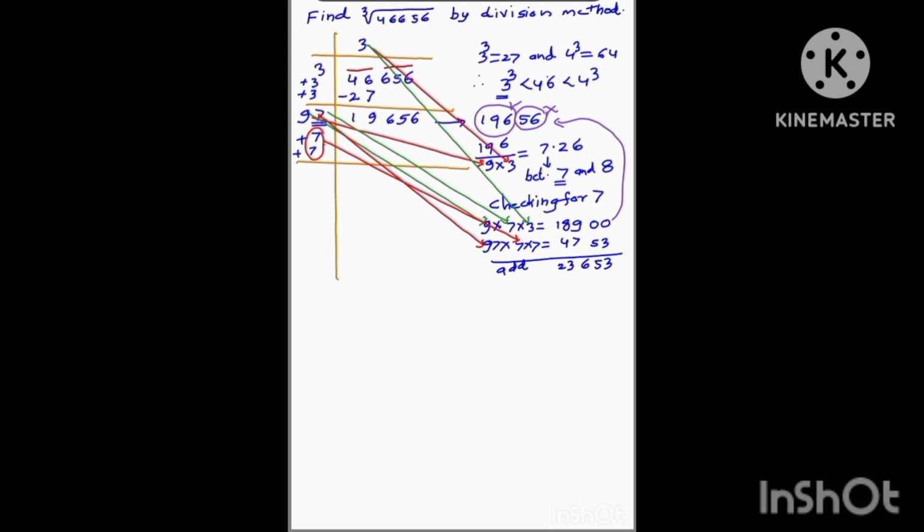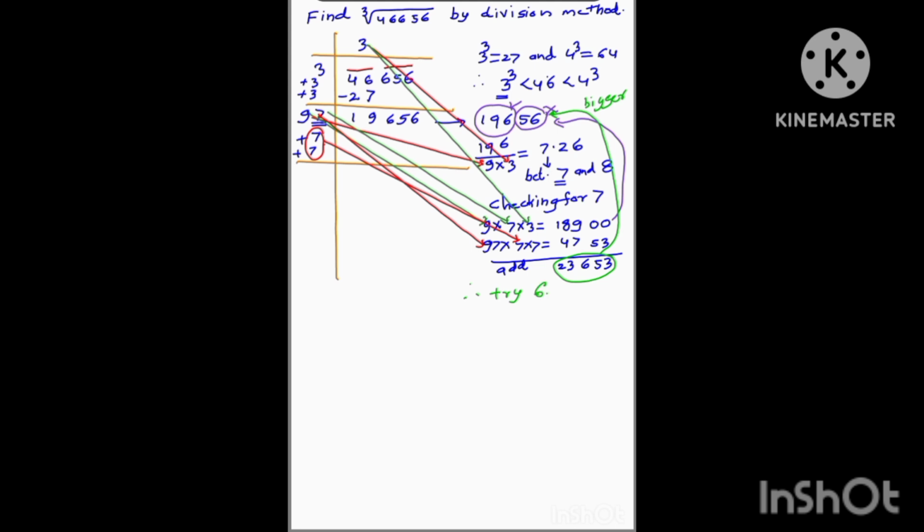Adding it, you get 23653, and 7 is not a correct number, as whatever number you get, 23653, is greater than the original number we have, 19656. This is a bigger number, so we have to try the digit before 7, that is 6. That is how we always try.